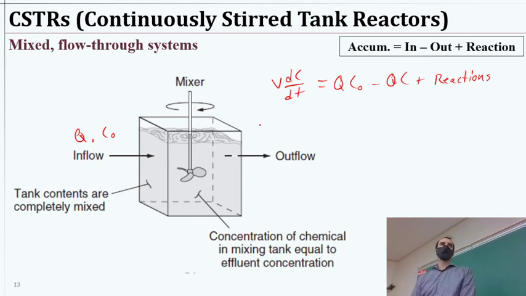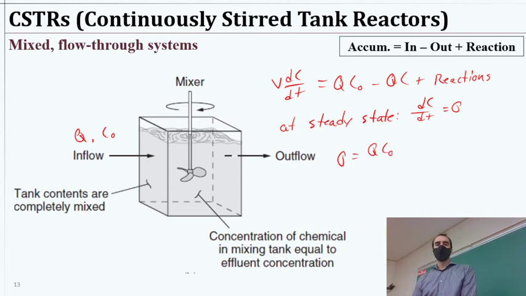If we're at steady state, meaning we have no net accumulation of C, this dC/dt goes to 0, and then the mass balance becomes 0 equals Q C naught minus QC plus the reactions.